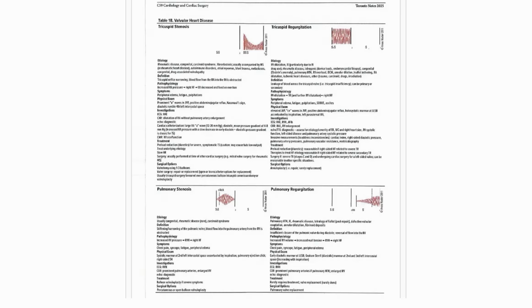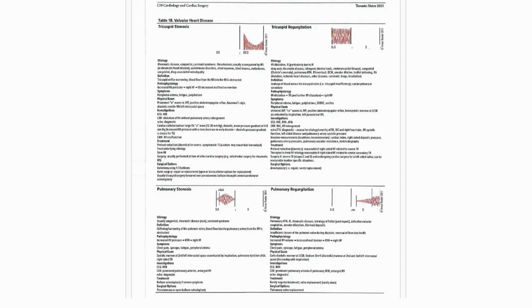Pulmonary stenosis is usually congenital and is best treated with balloon valvuloplasty when severe. Pulmonary regurgitation commonly results from pulmonary hypertension or repaired congenital heart disease, with surgery reserved for advanced symptomatic cases.